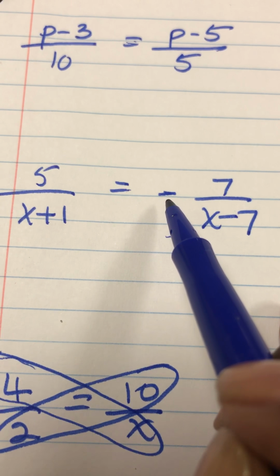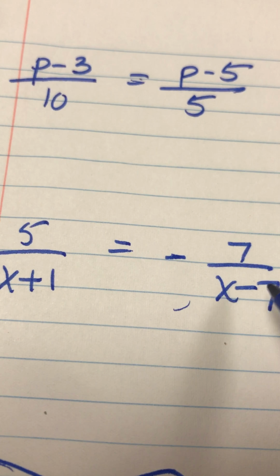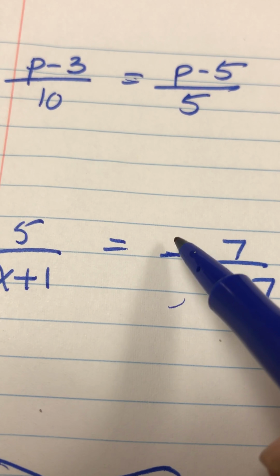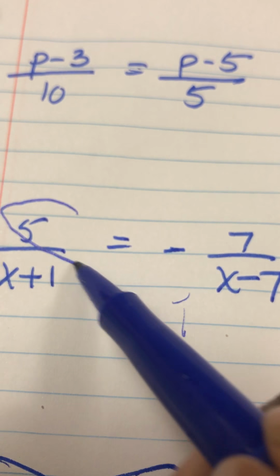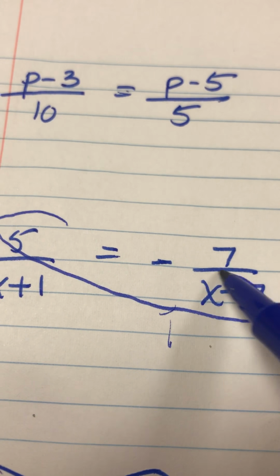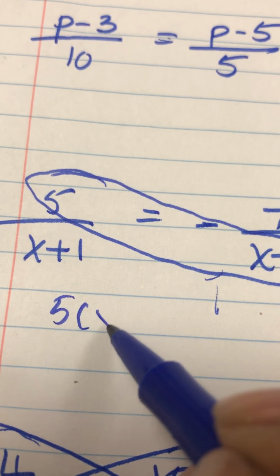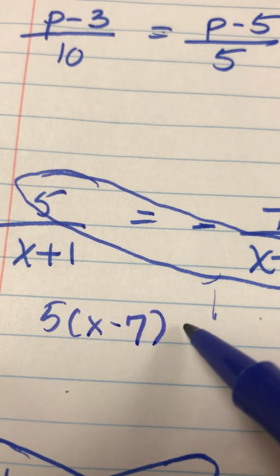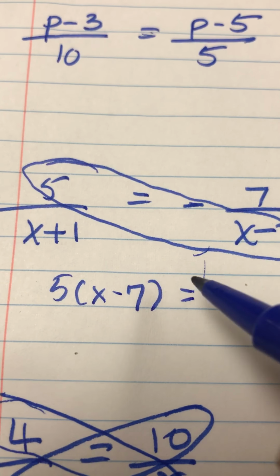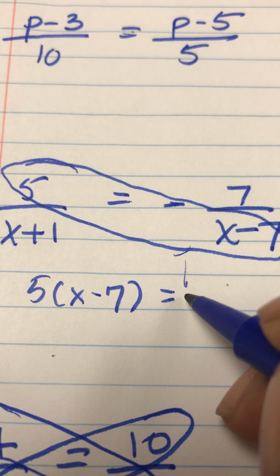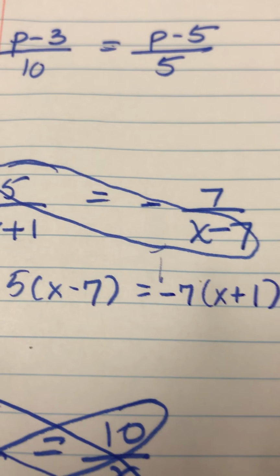Now, even though this negative's in the middle, I'm going to attach it to the top so that I don't make an incorrect equivalent fraction. So I'm going to do 5 times the quantity x minus 7. So it'll be 5 times x minus 7 is equal to negative 7 times x plus 1.